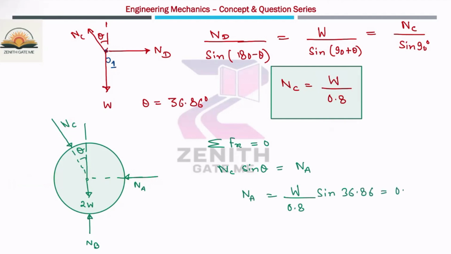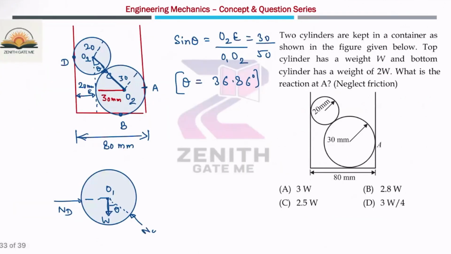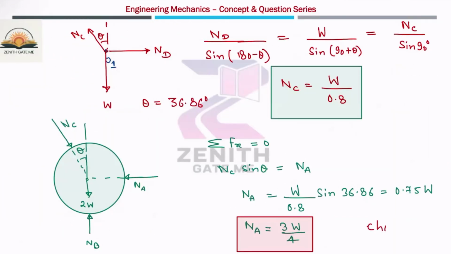Once you solve, you will get 0.75W. So the NA value is nothing but 3W by 4, because 0.75 can be written as 3W by 4. If you see the options, they are given in terms of 3W by 4, 2W, 2.5W, and 3W. So what will be the correct answer for this question? Option D. So choice D is the correct answer for this question.